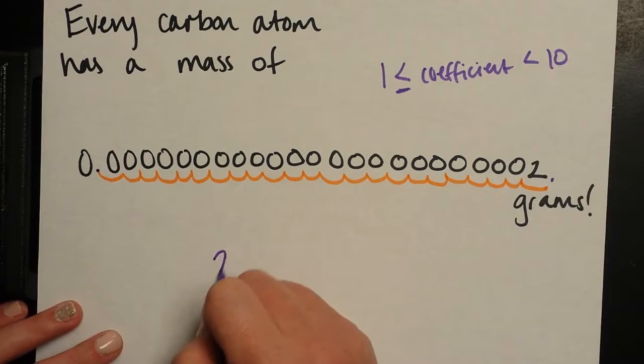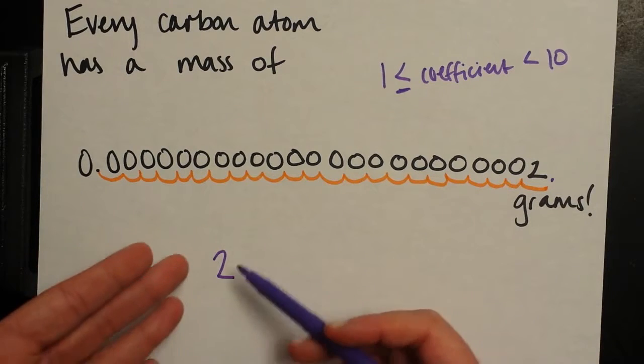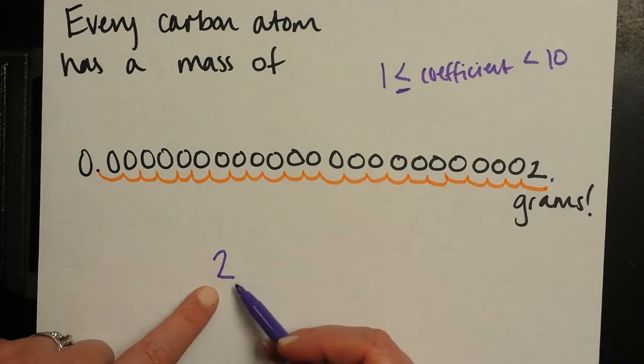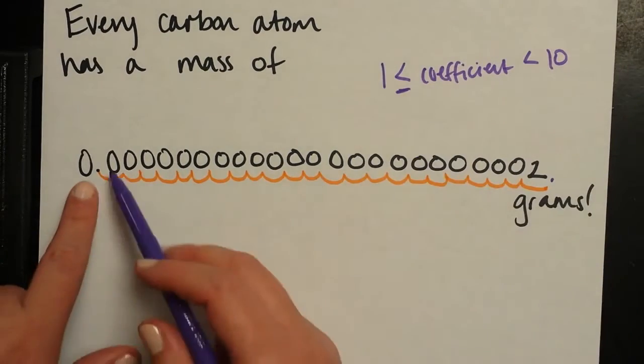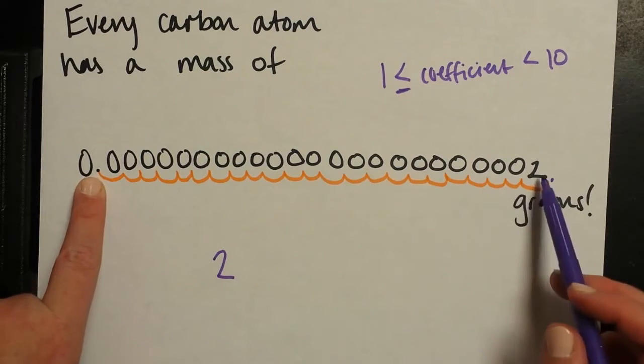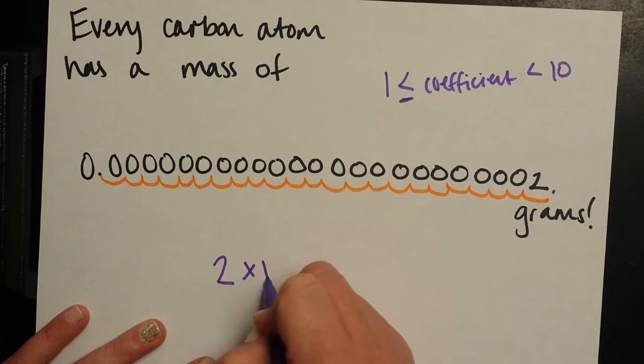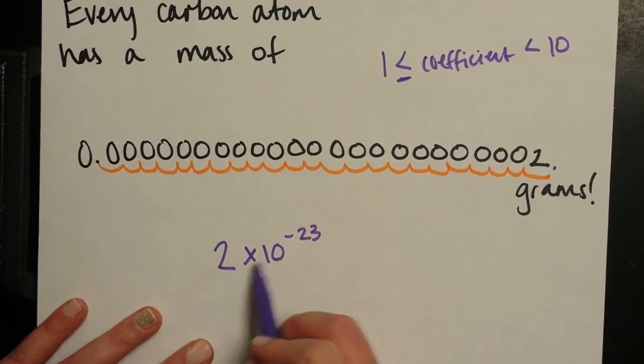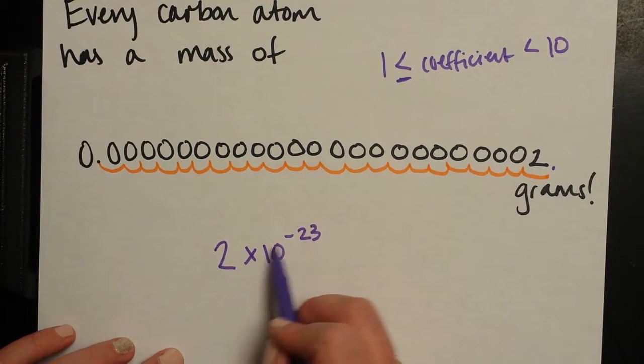So 2 is a big number compared to this one. It's greater than 1. To express 2 as a number smaller than 1, and to express it as this exact number here, I need to multiply it by 10 to the negative 23rd power, and that means I'm just dividing by 10 23 times.